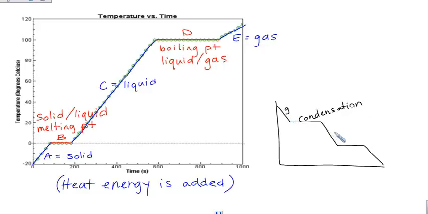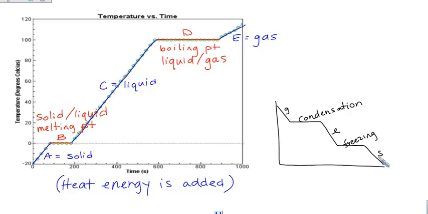Here I'm just cooling the liquid. I'm removing energy, so the particles are moving slower. Then this section would be my freezing point. So freezing and melting will occur at the same temperature. The difference is just the direction of the energy flow. Am I adding energy or am I removing energy? And then finally, this would all be solid.